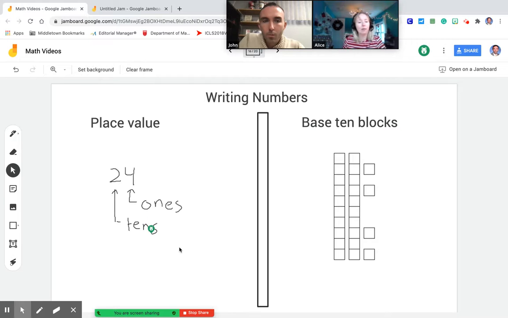And I have to say, when I was learning this as a child, it always confused me that a two in the tens made it a 20. I was like, but I thought you were calling it a tens. So I'm glad to see that they have a new way of thinking about it when teaching place value and writing numbers. So John, can you enlighten us about base 10 blocks?